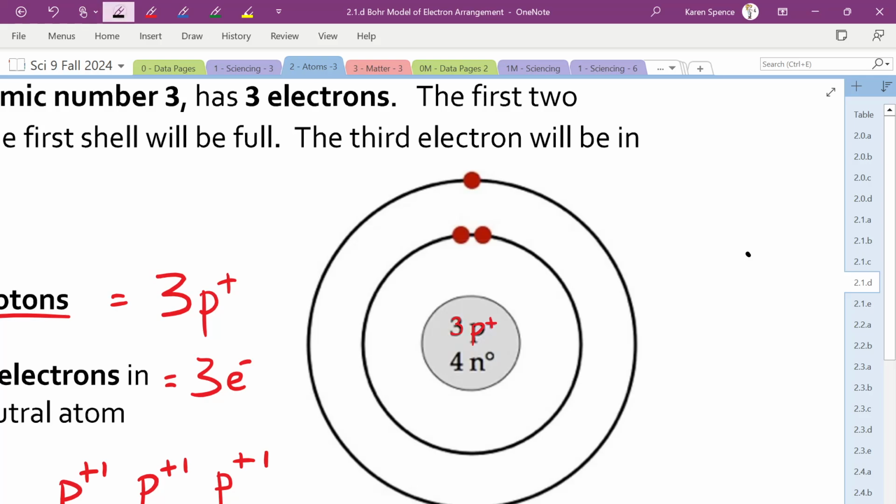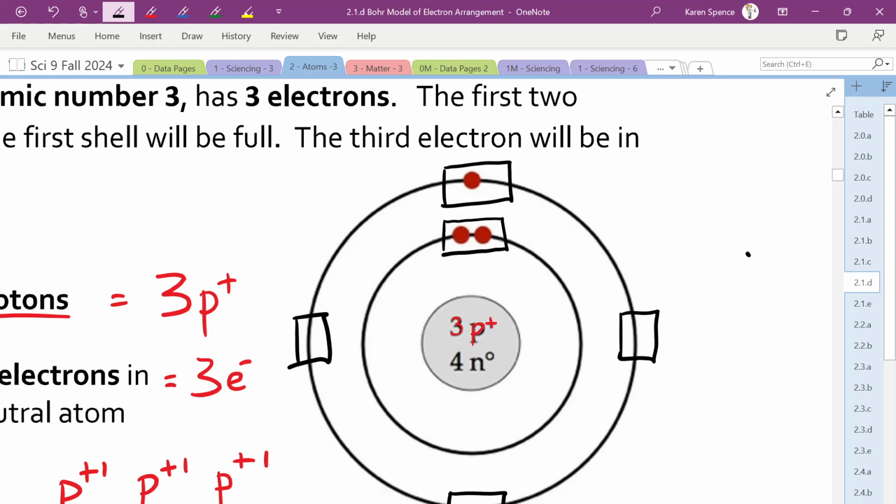Now, do you remember what I said about the rooms? Here's room number 1 on floor number 1. Floor number 2 has 4 rooms. 1 room is at the top, 1 room is at the side, 1 room is at the bottom, and another room is at the other side. So you can think of this like a room.